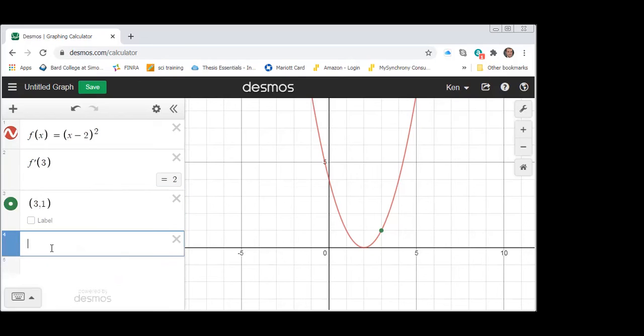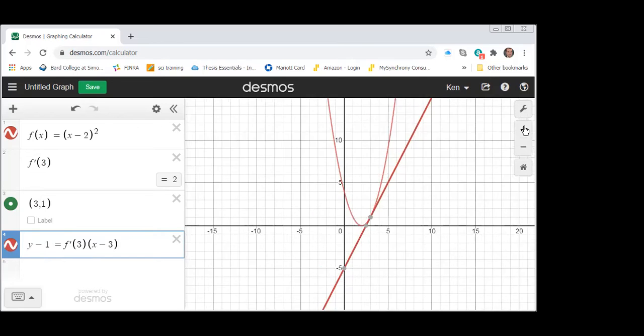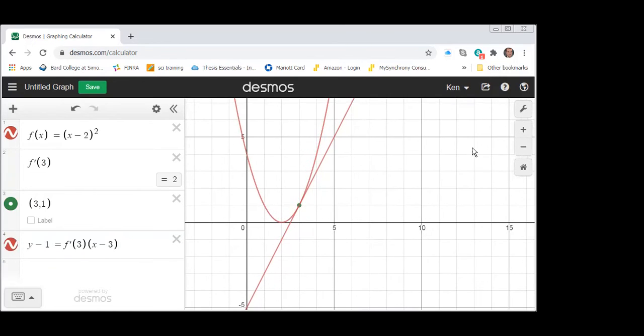So let's do that using this notation: y minus 1 is going to be equal to f prime of 3 times x minus 3. So I just used the point and the slope to immediately give me the tangent line.